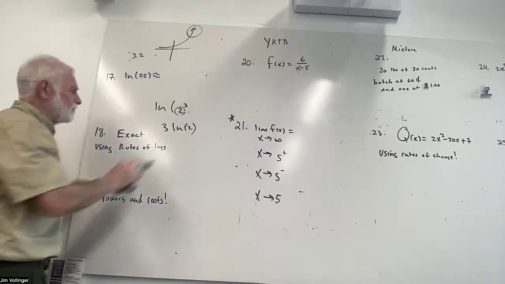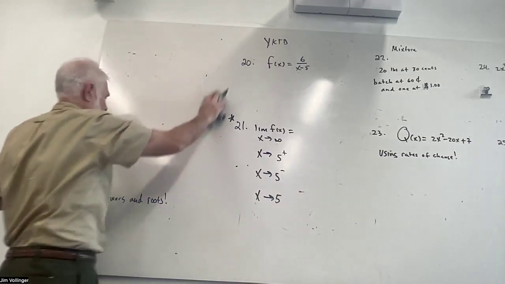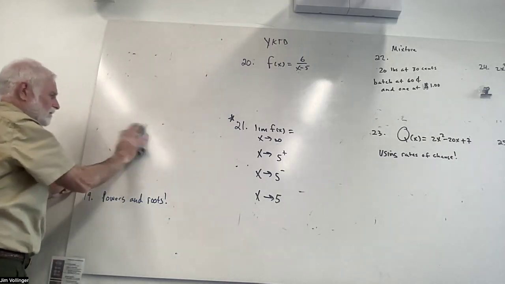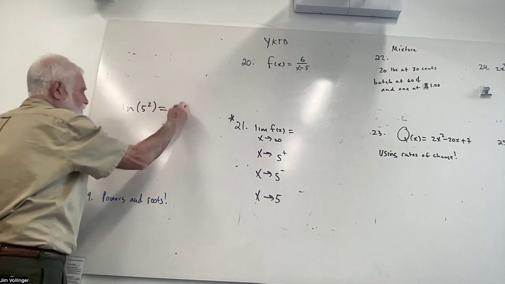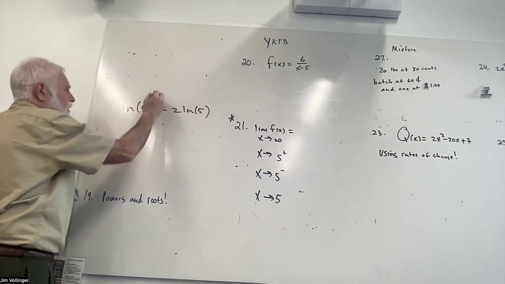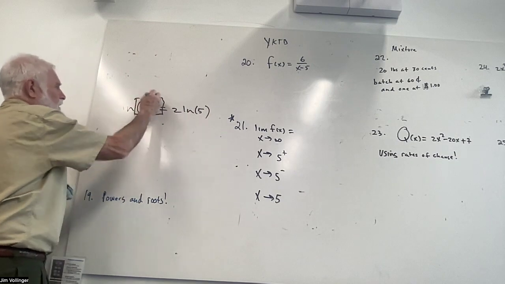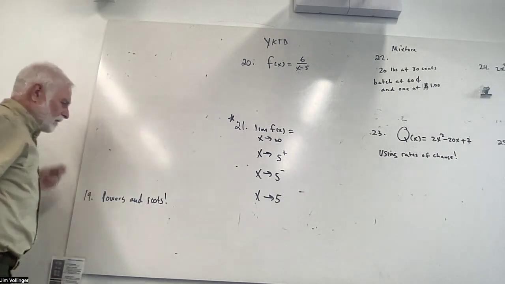Okay, I hope I'm getting a little better with the language there, but time will tell. So there's using rules. So the ln of 5 squared is equal to 2 ln of 5. Okay, that 2 could go here. And then we can move it there. All right. We'll keep talking about it.